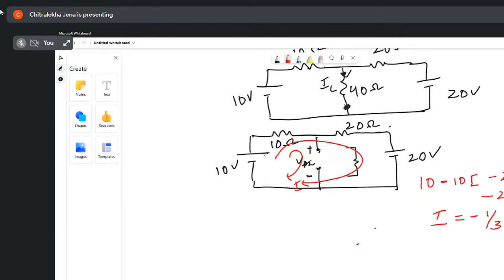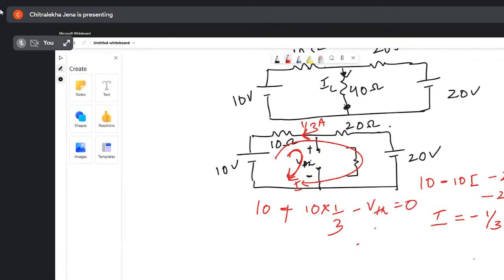So now put Kirchhoff's voltage law in this particular loop. 10 plus, the current is actually flowing in which direction? 10 plus 10 into 1/3, minus VTH is equal to 0.